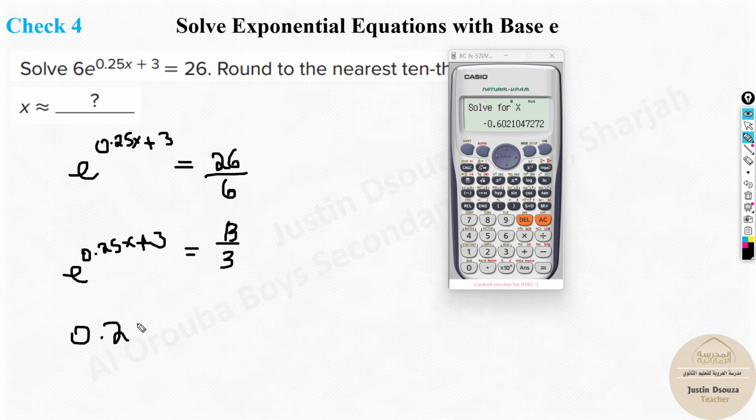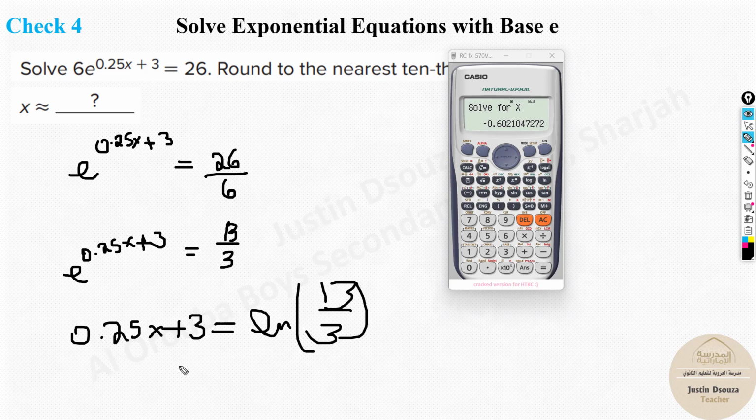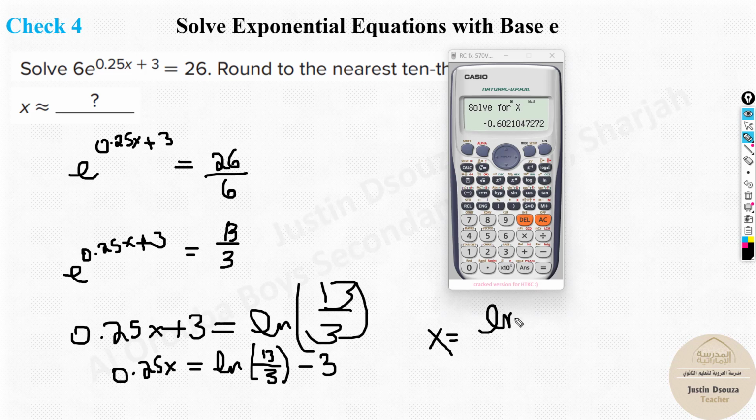So this will be 0.25x plus 3 equals ln 13 by 3, and this 3 comes to the other side. It will be 0.25x equals ln 13 by 3 minus 3, and lastly you must divide both the sides by 0.25. x equals ln 13 by 3 minus 3 divided by 0.25.